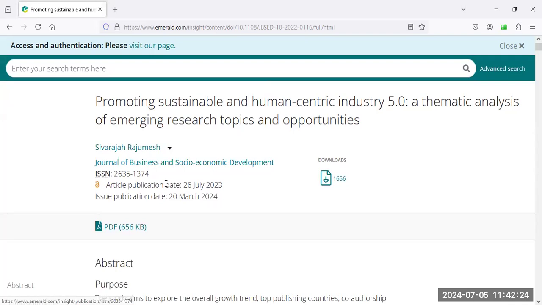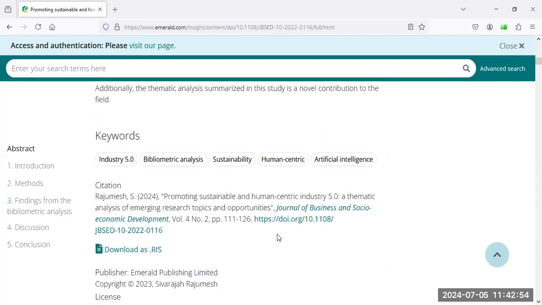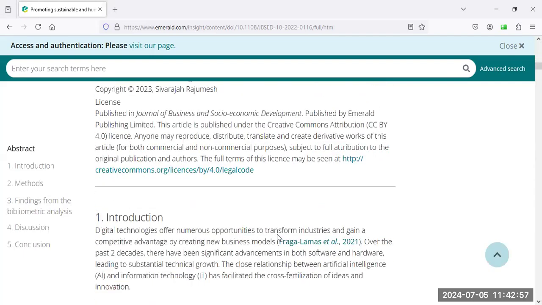The article publication date is 26 July, but the actual issue publication date is 20 March 2024, this year. On March 20th, they published this issue. So far there have been 1,656 downloads. That means 1,656 researchers are reading my work, and I will explain how I have done the citations here.